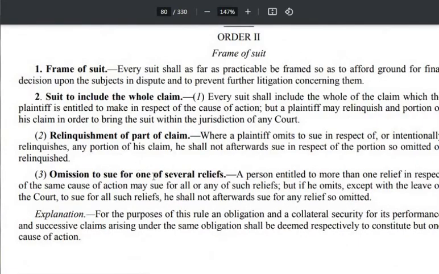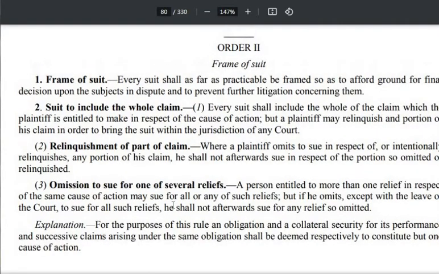Now the third part you see, a person entitled to more than one relief in respect of the same cause of action may sue for all or any of such reliefs, but if he omits, except with the leave of the court, to sue for all such reliefs, he shall not afterwards sue for any relief so omitted.